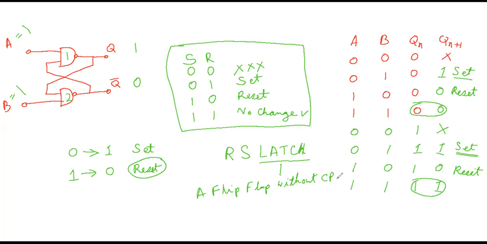A flip-flop without clock pulse. Okay. RS latch, and what is the full form? R means reset, S means set. So what is the definition of latch? A flip flop without clock pulse.